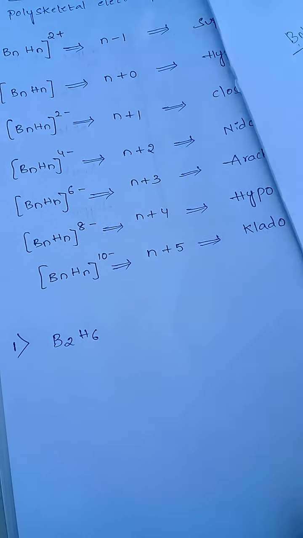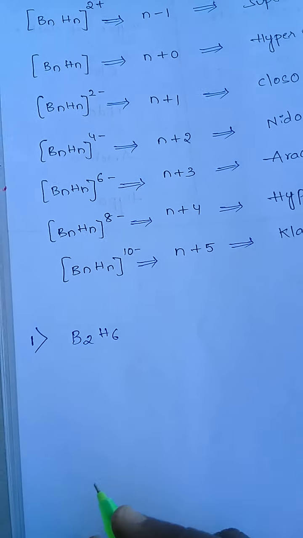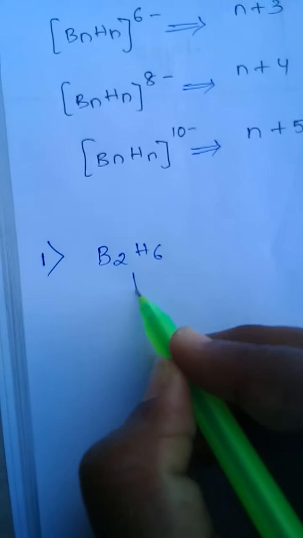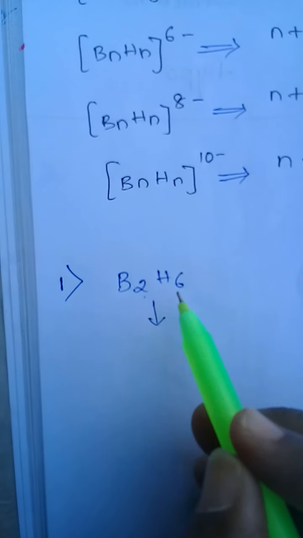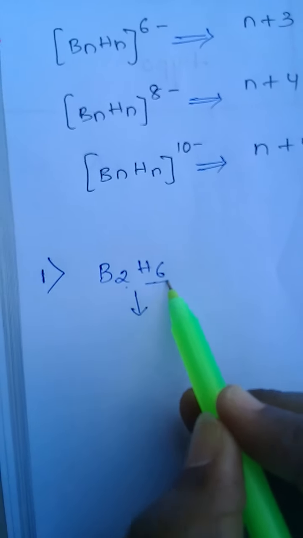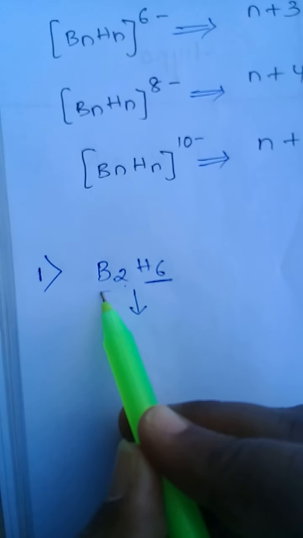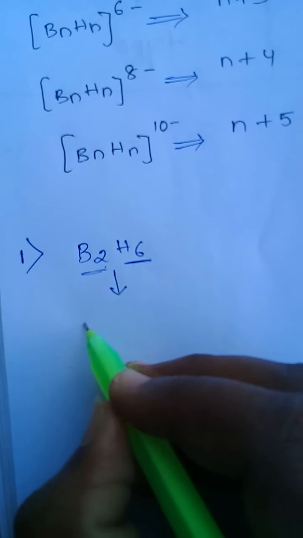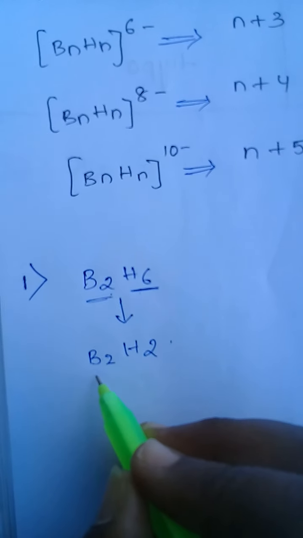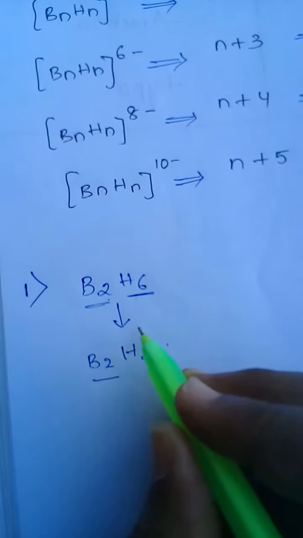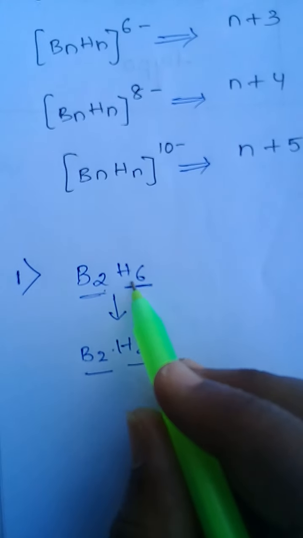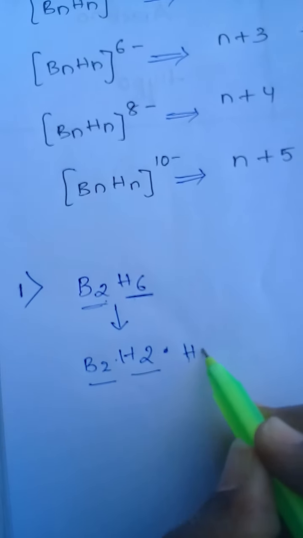Let's see some examples. B2H6. The first step is we share the hydrogens equal to the borons, so B2H2. Here there are 2 borons, so we share 2 hydrogens, and the remaining hydrogens are 4.